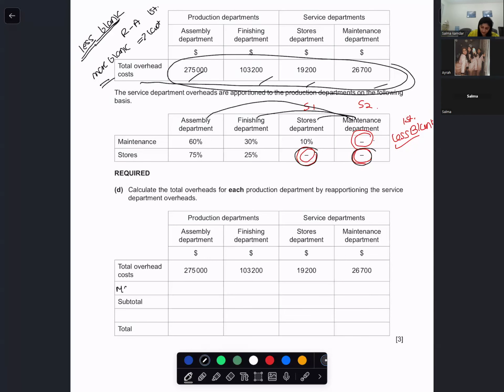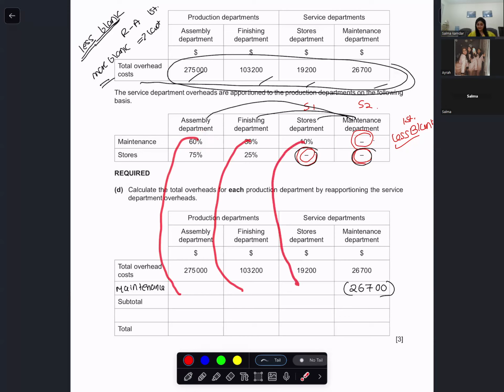So I will reapportion maintenance. How? I will remove this from here. 60% here, and then 30% here, and 10% here.